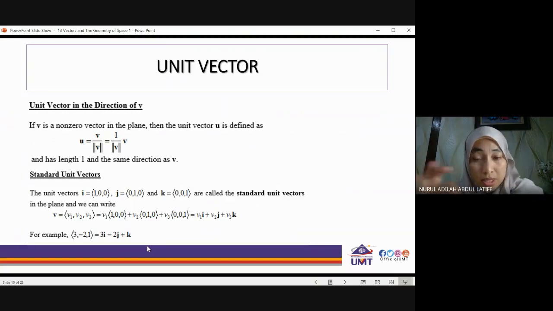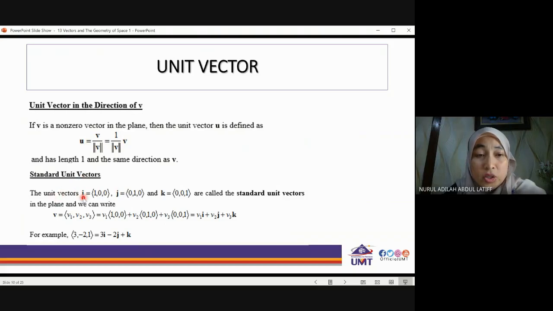Okay, terms are important. So, the unit vector in the direction of V: if V is a non-zero vector in the plane, then the unit vector U is defined as U equals V divided by the length of the vector, equals 1 over the length of the vector times the vector, and it has length 1 and the same direction as V.